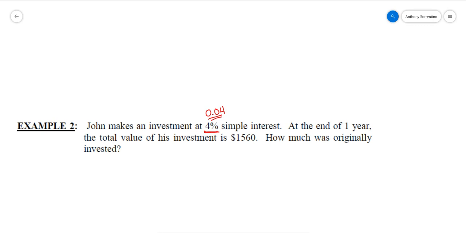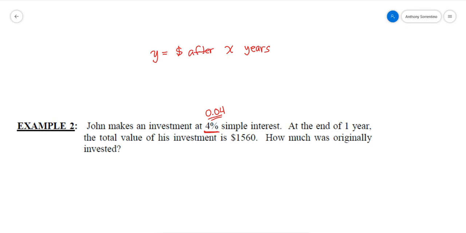And so basically, what should go on here is that at the end of 1 year, so I'm going to let y equal the dollar amount after X years. Okay?